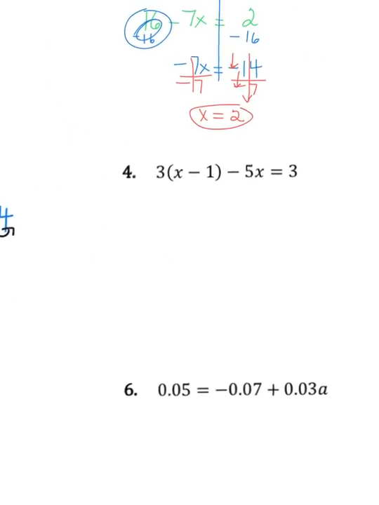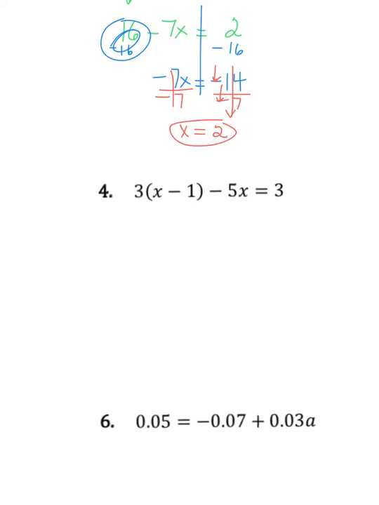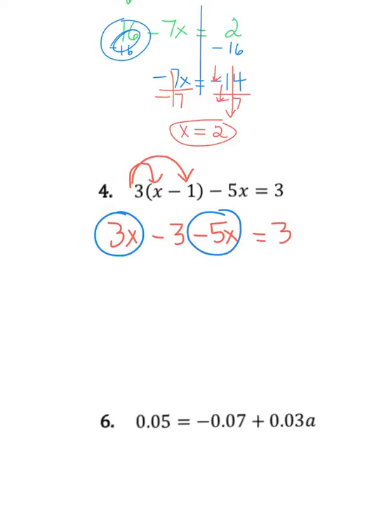Okay, right here. Negative 3 times x and 3 times negative 1. 3x minus 3 minus 5x equals 3. Combine terms. 3x minus 5x is negative 2x minus 3 equals 3.